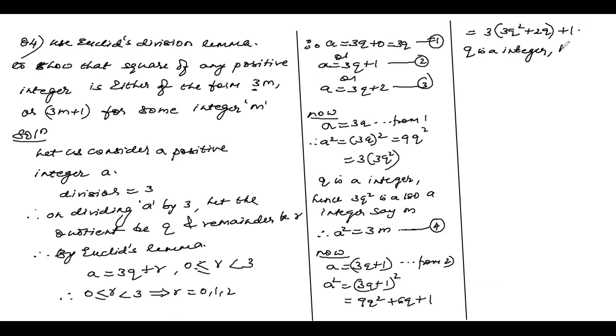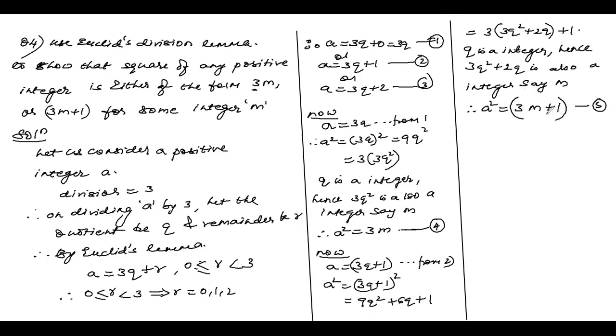Hence, 3Q square plus 2Q is also an integer. If Q is an integer, then 3Q square plus 2Q is an integer. Is also an integer, say M. Therefore, A square equal 3M plus 1. I call this 5. So here, square of A was 3M. Here it is 3M plus 1.